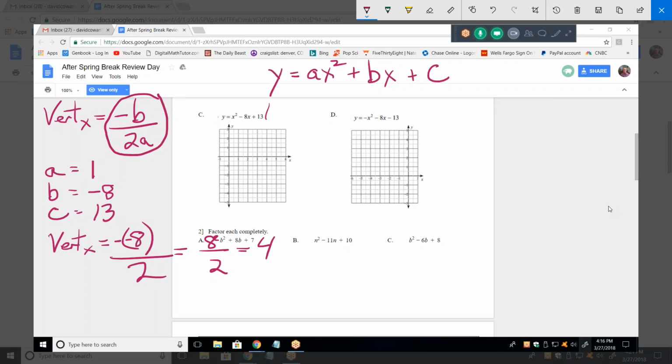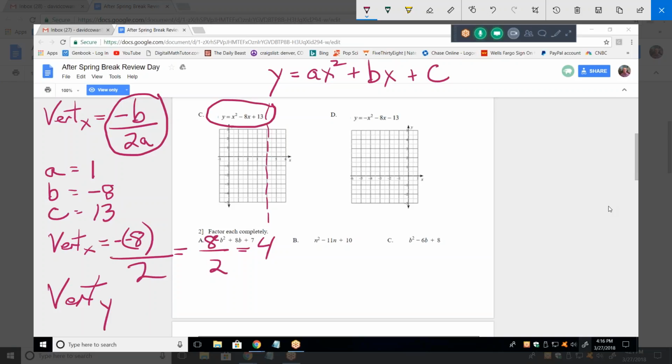Let's talk about the line of symmetry. They don't ask for a line of symmetry, but a line of symmetry is the line that goes right through the x coordinate of the vertex. Now I've got to figure out what the y coordinate of the vertex is. All I do is go up to my function and plug in for x the x coordinate of the vertex, which we just calculated is 4.